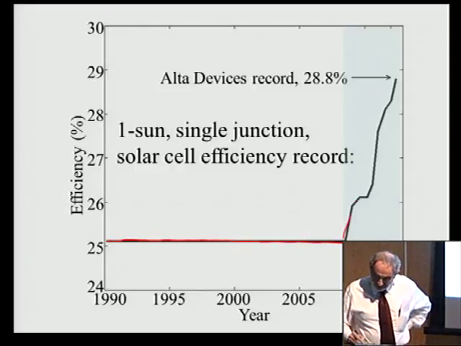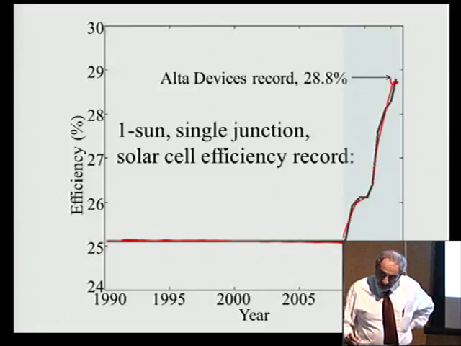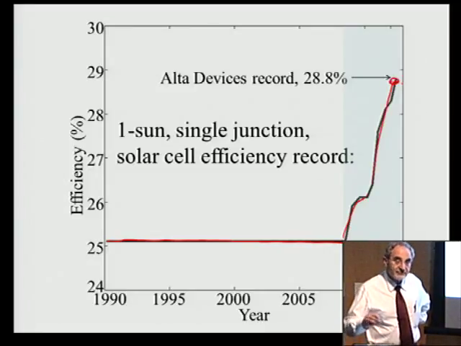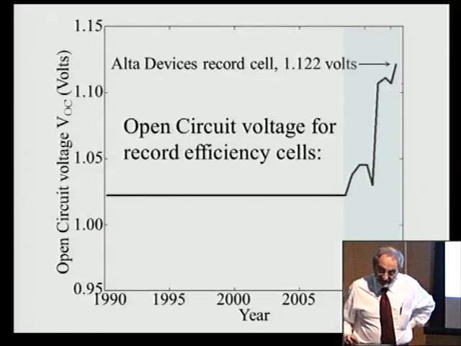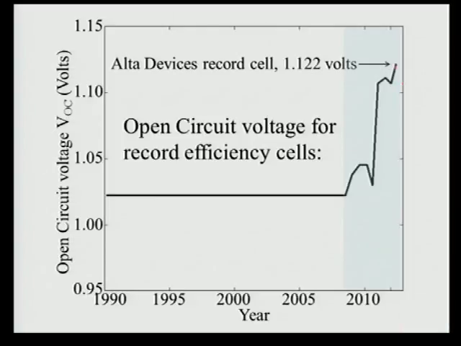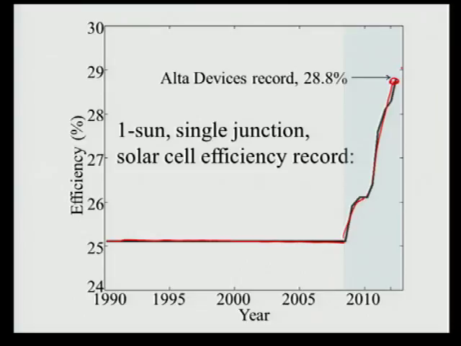And in the past 2 years, it has suddenly jumped up. And this is because of a recognition of the new physics in solar cells. So the new physics almost entirely involves the boost in voltage. In other words, that efficiency boost came with the same current, but with a better understanding of the voltage.